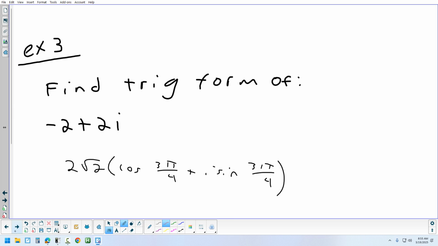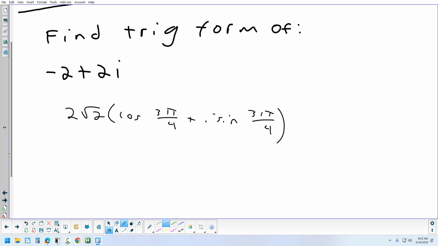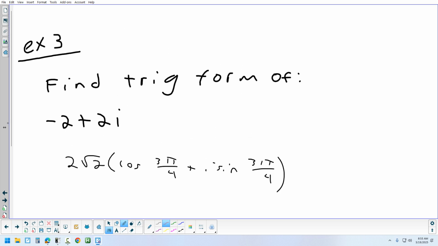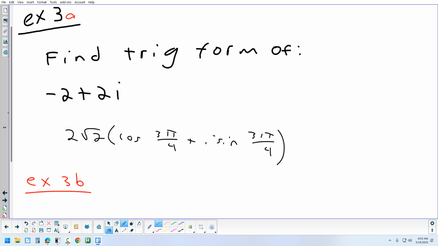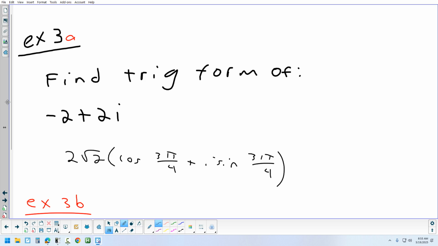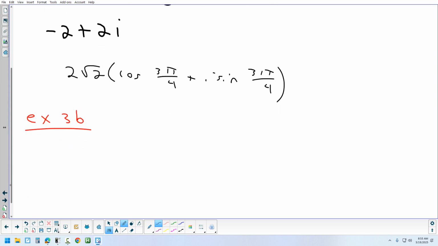Okay, so let's try one more. Find the trig form. We'll just call this example 3b. We did one, that's quadrant 2. Let's do a different quadrant. Let's do 3 plus 4i.